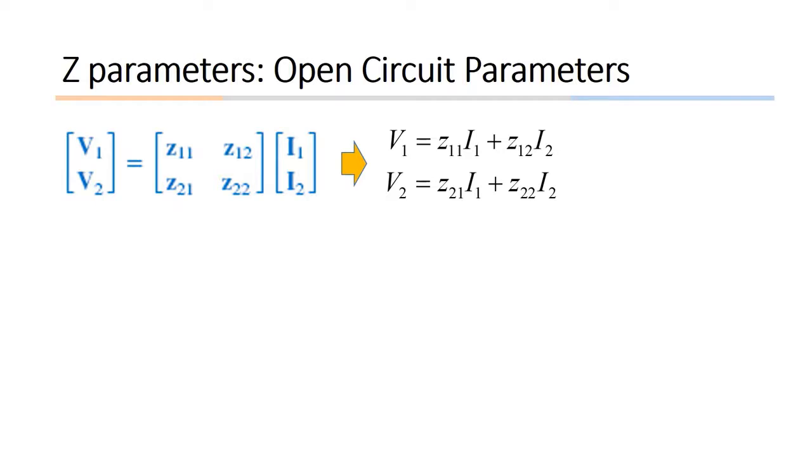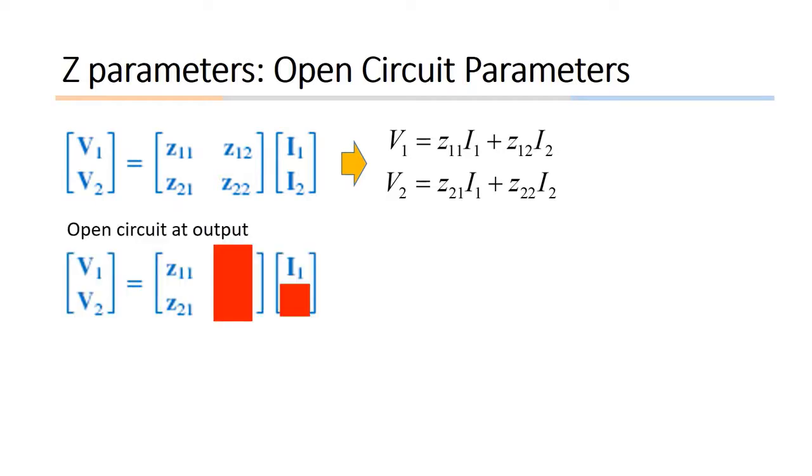So for this lab, you're going to experiment the concepts of finding the Z parameters by using open circuit test. So let's find the first open circuit test, which is to do at the output.